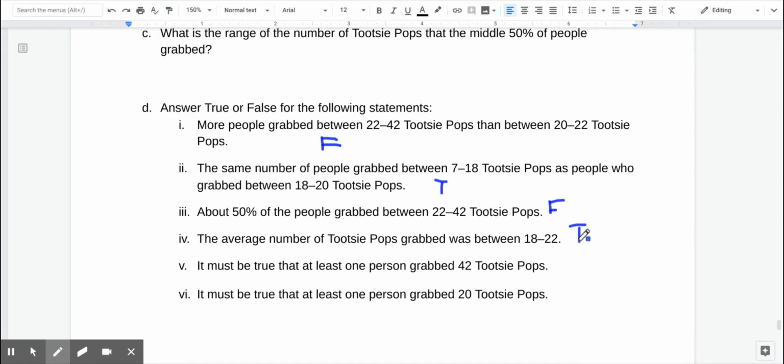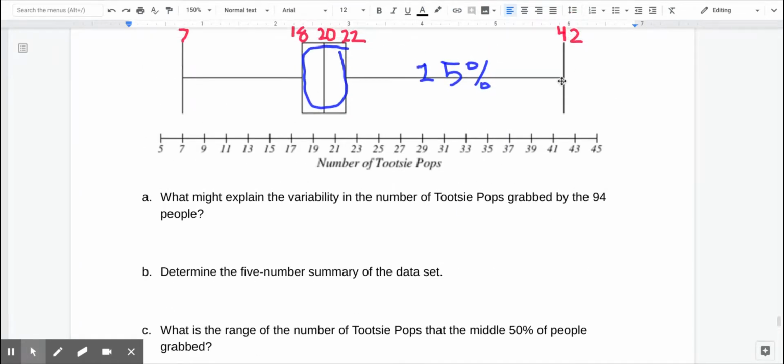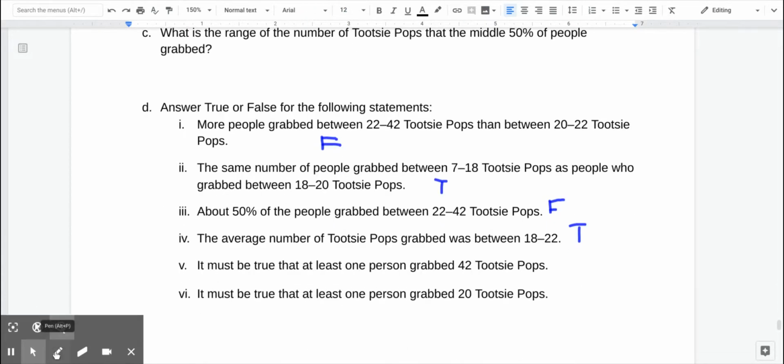It must be true that at least one person grabbed 42 Tootsie Pops. 42 is our maximum, and somebody would have had to grab 42 in order for that to be our maximum. That would have had to have been a dot on the dot plot. So yes, that is true.